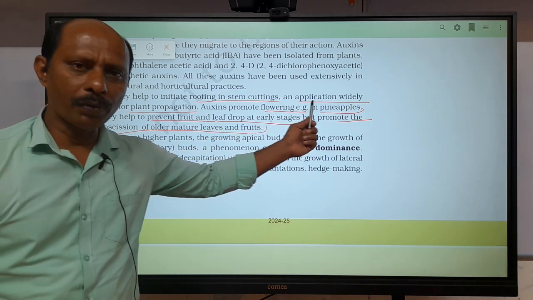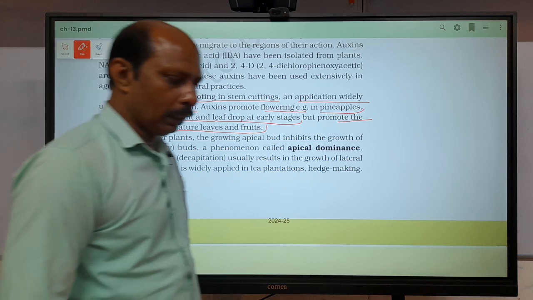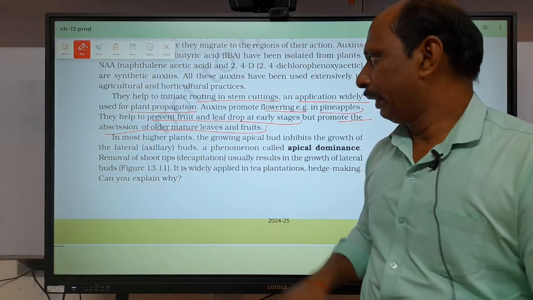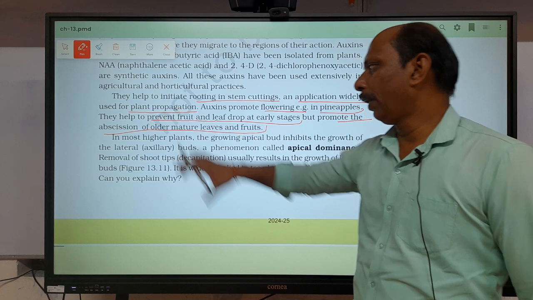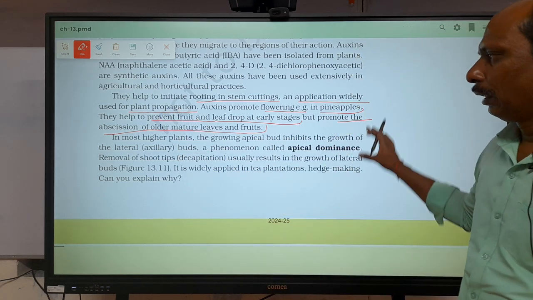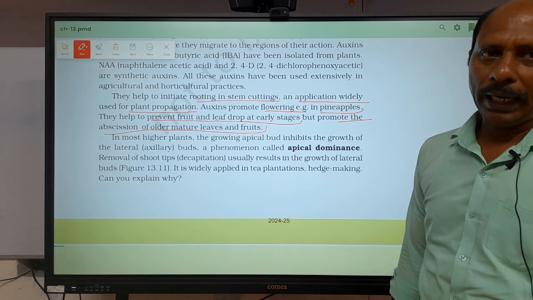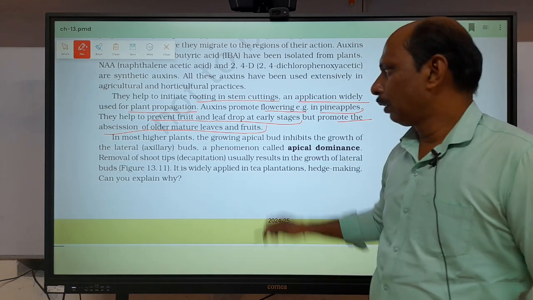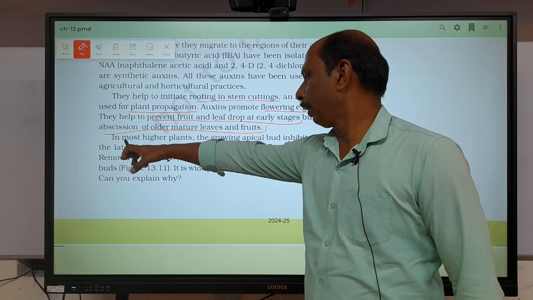It also promotes flowering in pineapple. Third, young leaf and fruit, it prevents them from dropping, but if they are old, it induces abscission. Abscission means separation, the fall of the leaves and fruits.